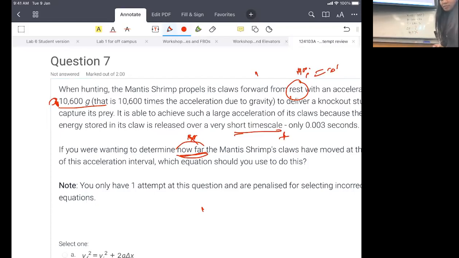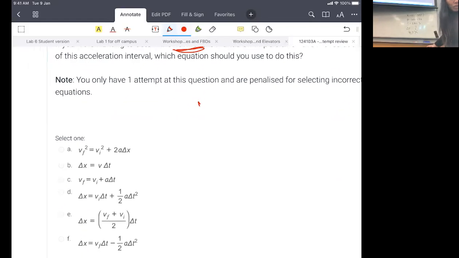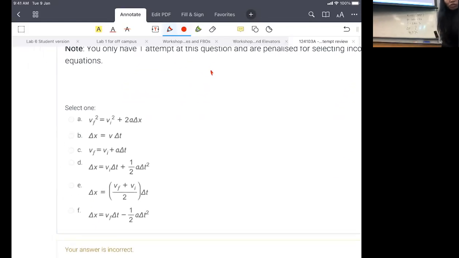So that means when you go to your equations and pick out which equation you should use, because you don't know VF, you don't know the final velocity, then you cannot use any equation that has VF in it. Does that make sense?